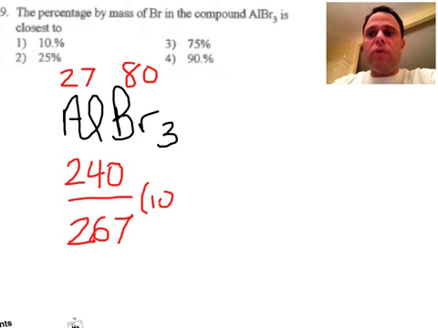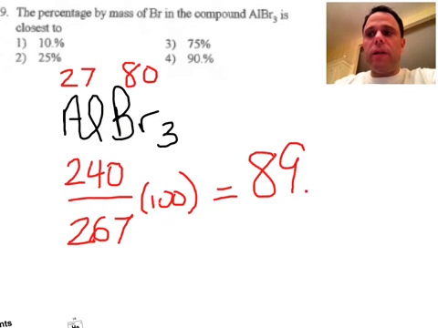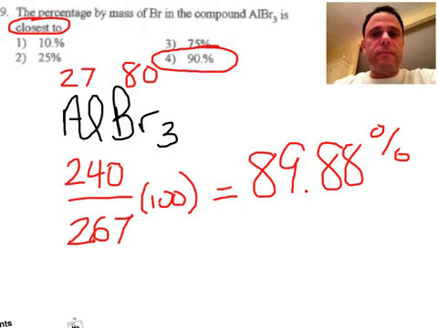Multiply that by 100, and that will give us, use my calculator on the side here, we have 240 divided by 267 times 100. That gives us 89.88%. The question says it's closest to 90.